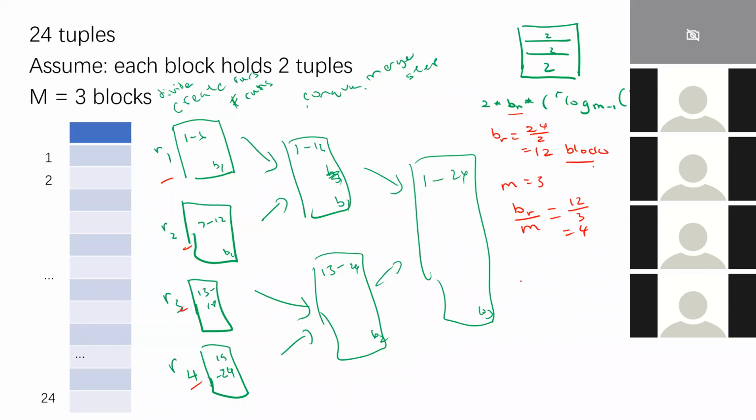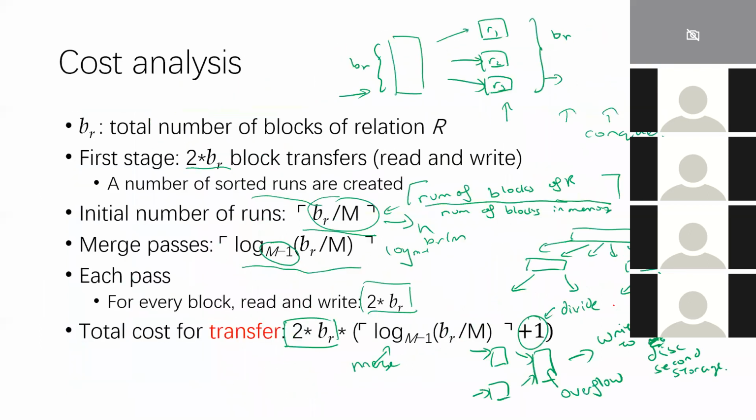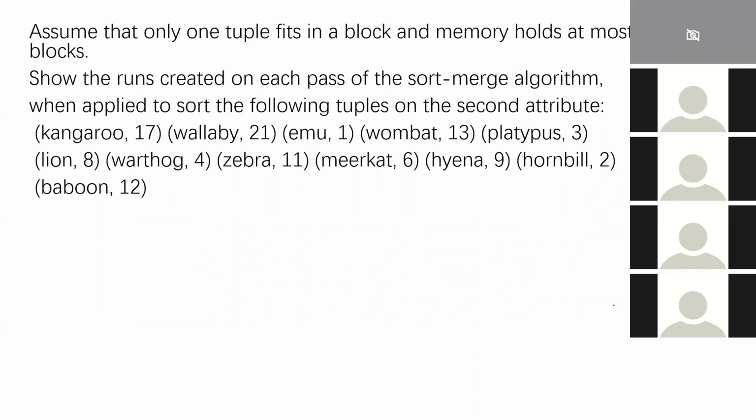If we plug these numbers into the formula, we get 2 times 12 multiplied by the ceiling of log 3 of 4, plus 1. So here we go, this will be the answer for this question. Okay, let's move on to the final question.